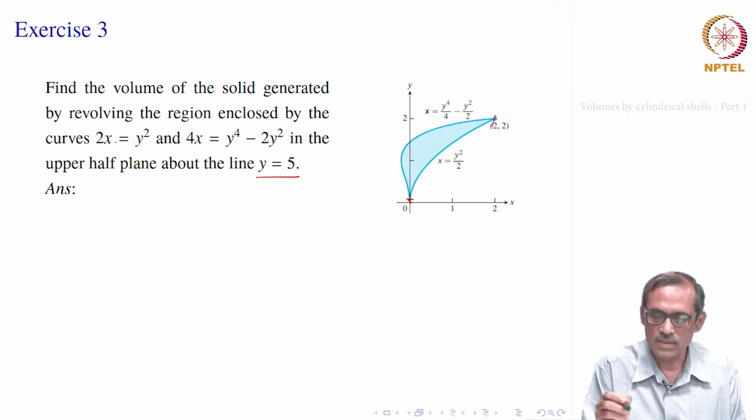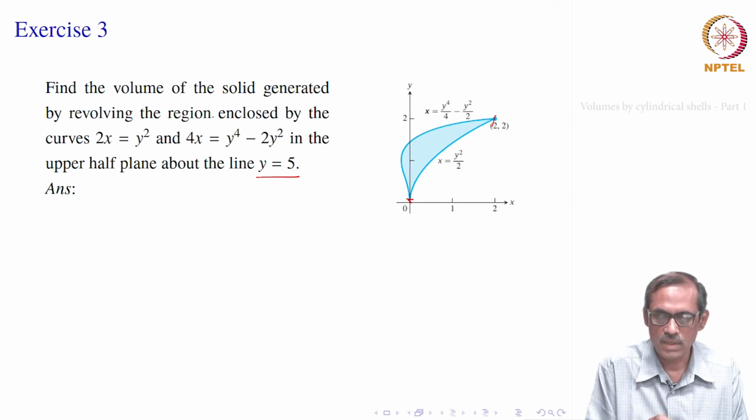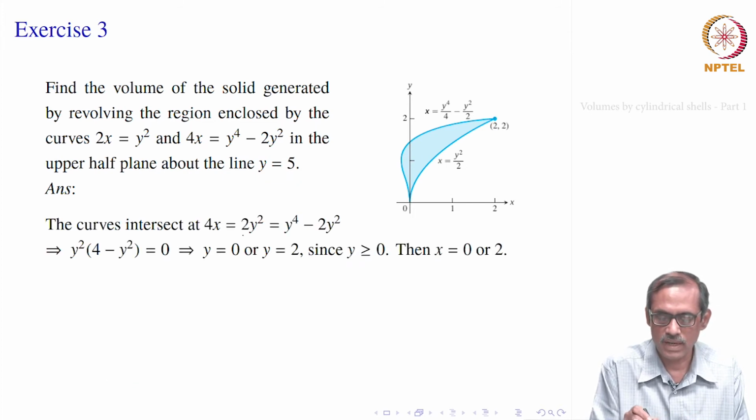So, in fact, the first thing is to find out, because it is a region enclosed by 2 curves, we should find out what are the points of intersection in the upper half plane, right. So, you can get easily for which x and y the curves intersect.